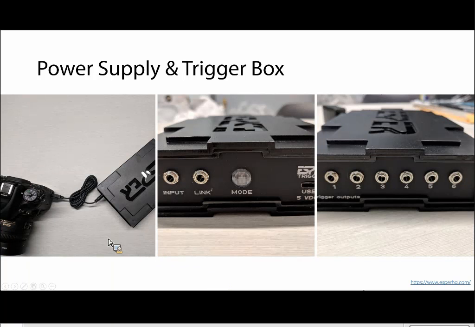Another thing that we did, working with Asper again, was to make these trigger boxes. The role of the trigger boxes is to deliver the shutter signal. All of the cameras come with a port for a wired remote controller.